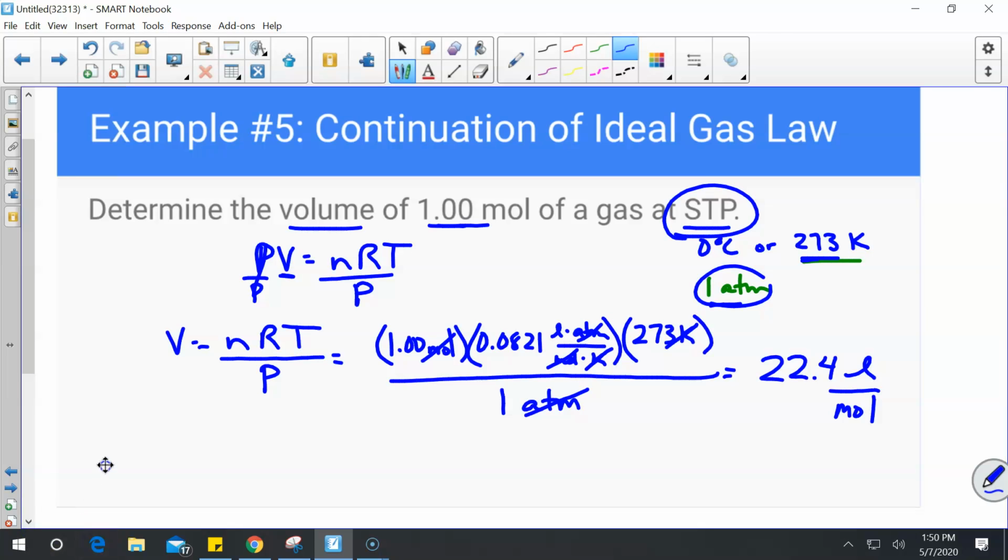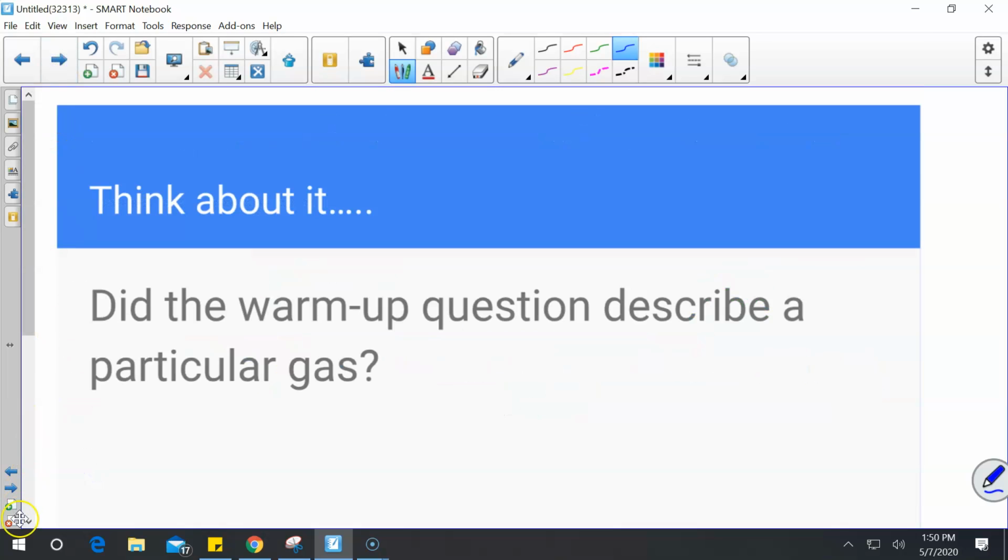You should be able to go ahead and do the worksheet on the ideal gas laws. One other thing to think about: did the warm-up question describe any particular gas? No, it did not. So this applies to all gases.